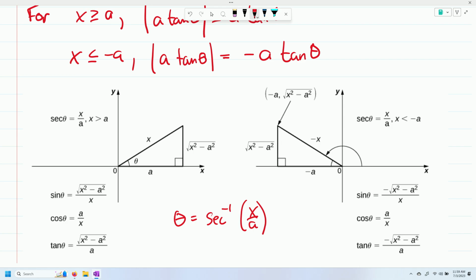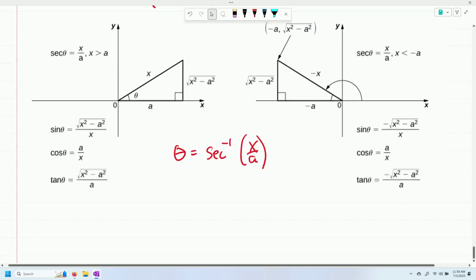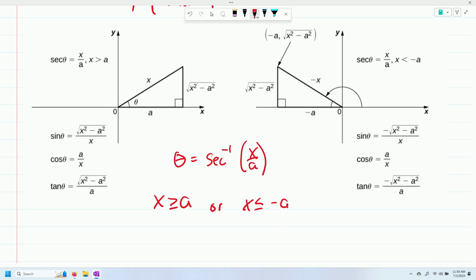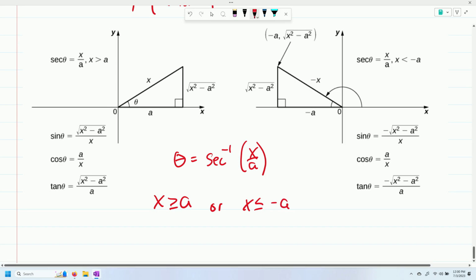So we're going to need both reference triangles, since the values of some of the trigonometric ratios are going to be different depending on whether x is greater than or equal to a, or x is less than or equal to negative a. So we use these depending upon this scenario right here. It's actually a lot easier than you think. You just gotta look at what you have.